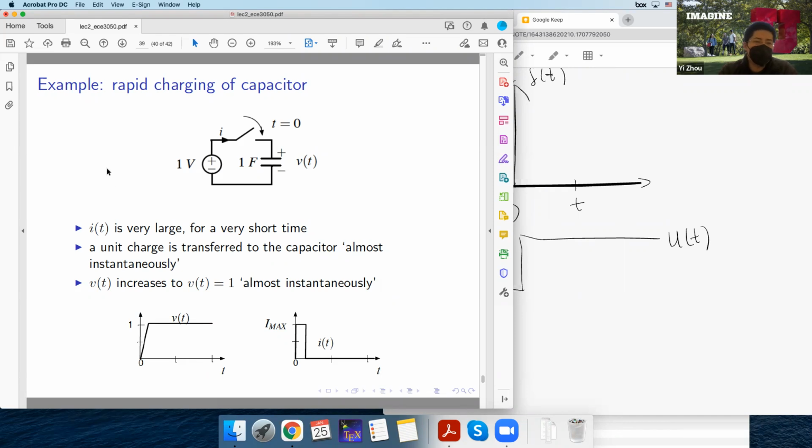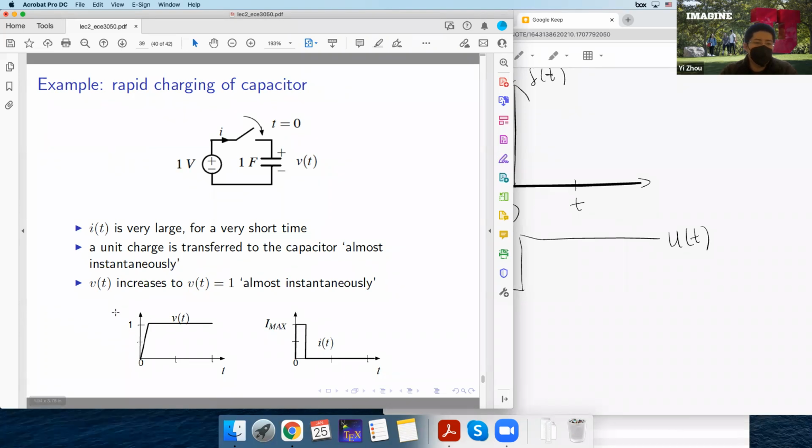And the impulse signal can be used to model many phenomena in practice. If we consider the rapid charging of a capacitor, we have this power source connected to a capacitor, and at time t equal to 0, we switch it on, and then the power will charge this capacitor.